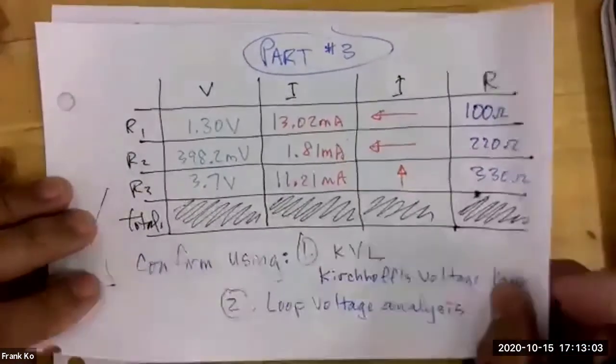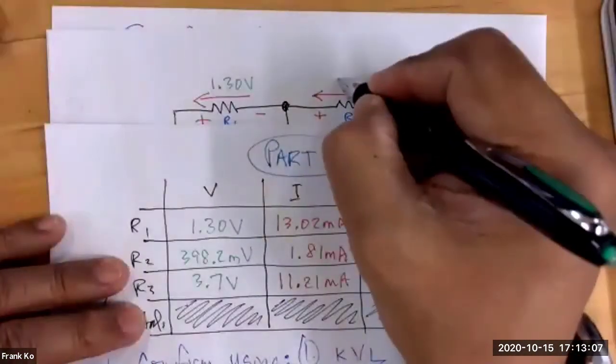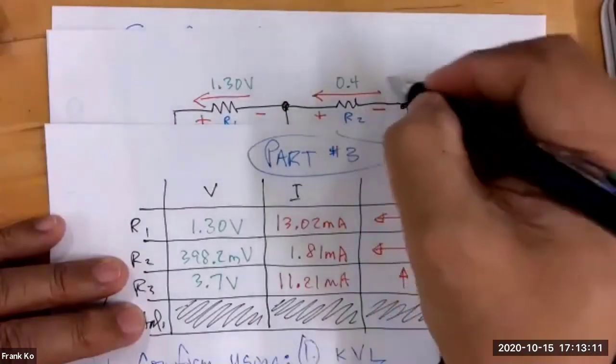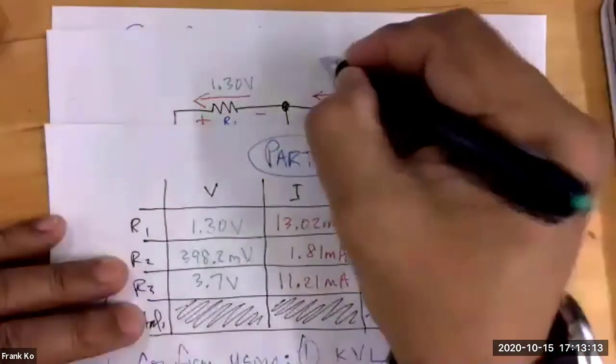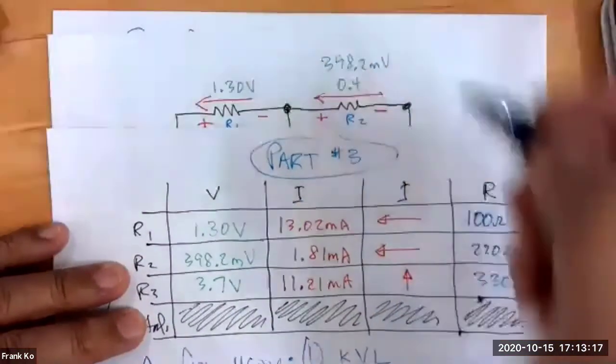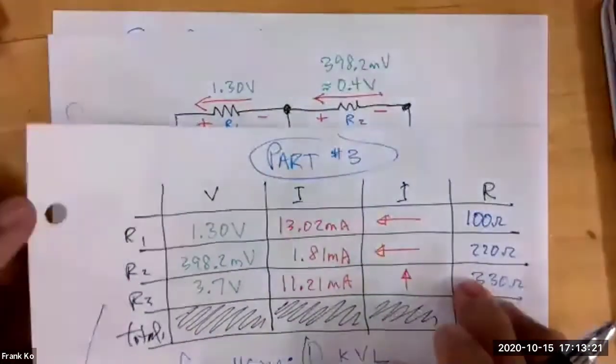For round figures, I'm just going to mark this as 0.4 volts. We normally would write in the 398.2 millivolts, but I'm going to keep our math simple. So it's approximately 0.4 volts.